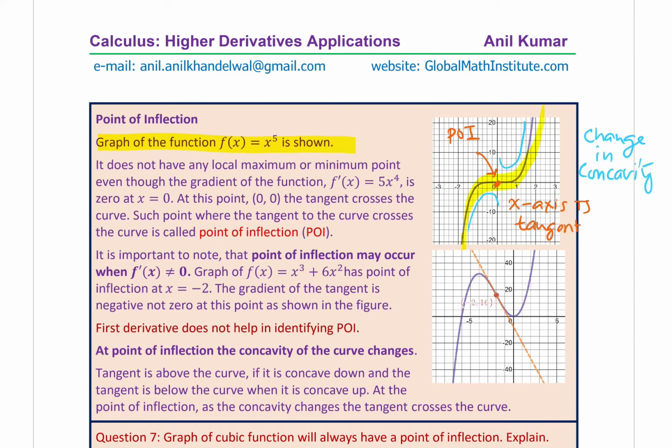Now we'll take up the same example, which is y equals x squared minus 4. The derivative of this function is 2x, the gradient, which we say the derivative, right? So many students use the term gradient for derivative. So remember one thing: gradient is same as derivative.